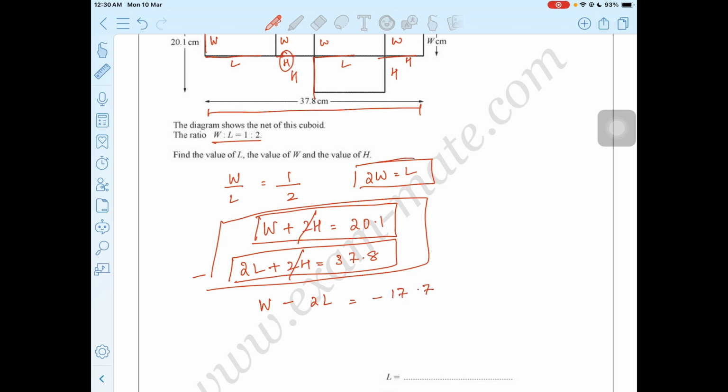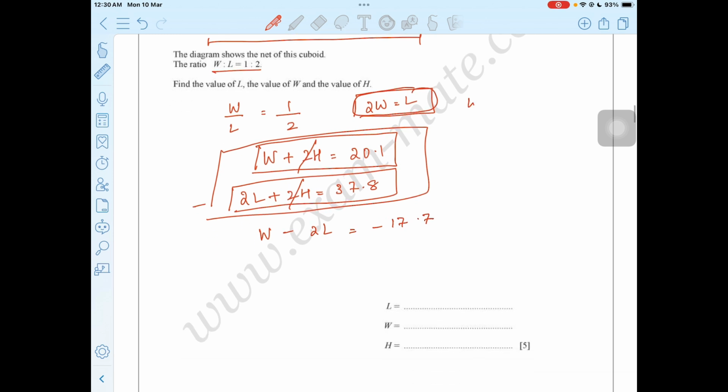So we have L as 2W, so we don't need to make a mess over here.